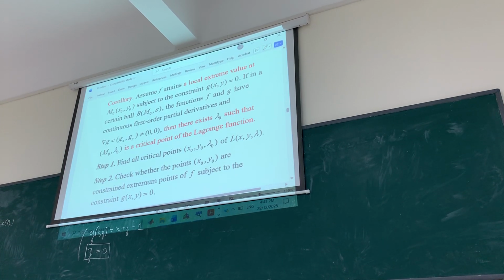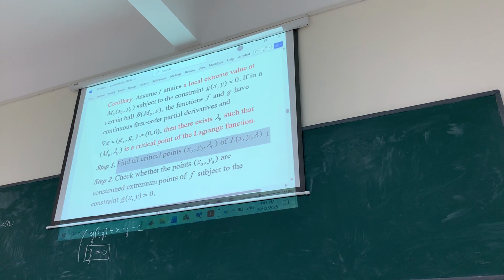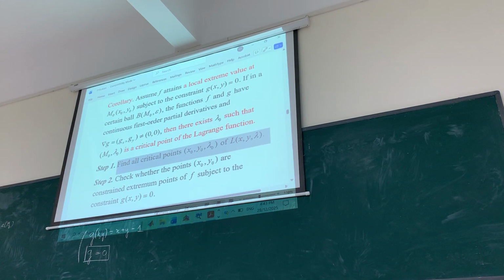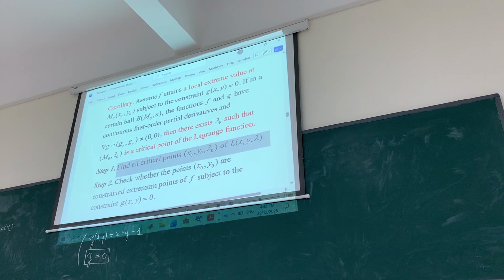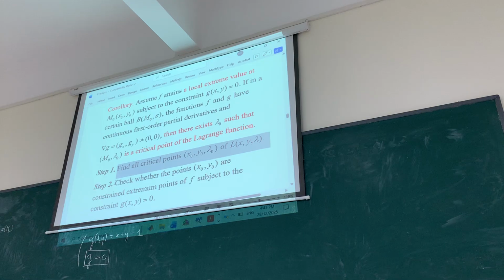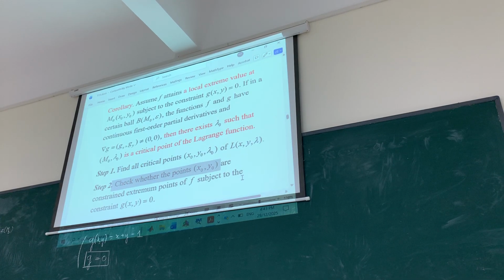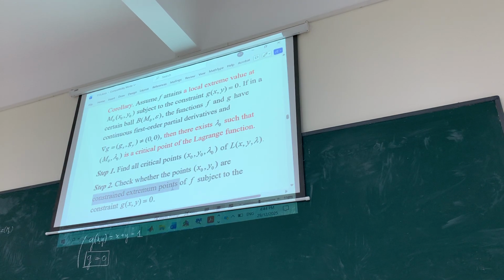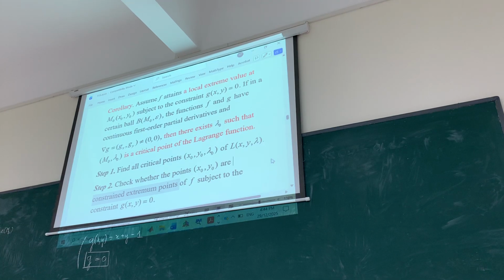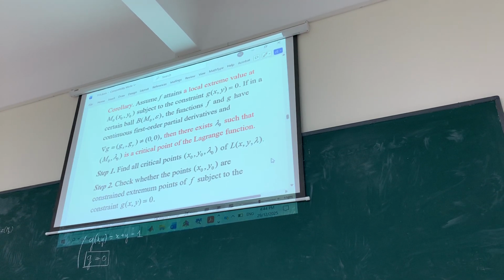The first step, find all critical points (x0, y0, lambda 0) of the Lagrange function. Second step, check whether the point (x0, y0) belonging to the critical points is a constrained extremum point or not.